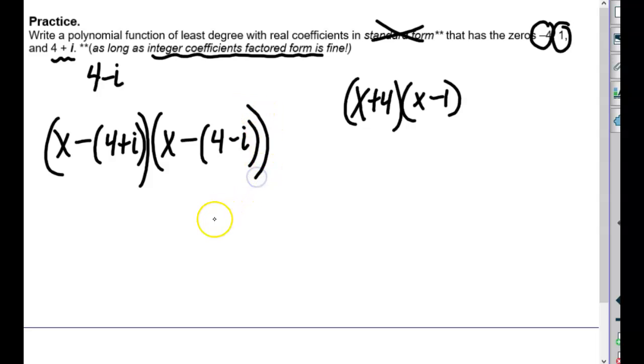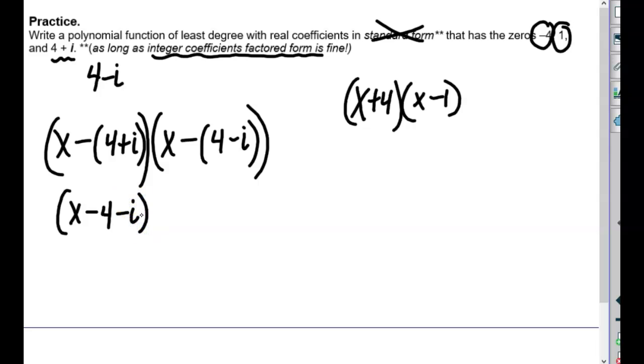I promise we won't do many more of these today. Okay, help me get rid of the inside parentheses. What would this one say? Distribute that inner negative. Somebody? X minus 4 minus i.